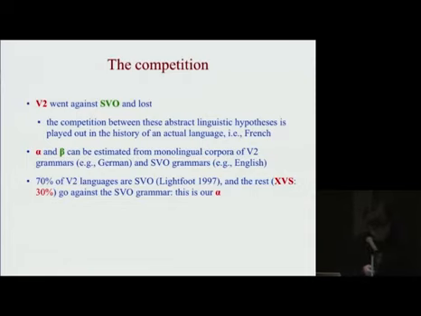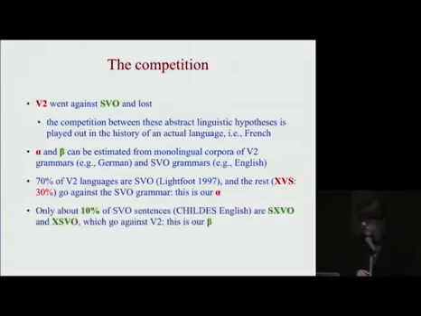Now what's beta? What's the percentage of sentences produced by SVO grammar that are inconsistent with the V2 grammar? That's easy to do. We count English; I counted child English, I counted the Wall Street Journal, not a huge amount of difference. Whenever you have a verb in a non-second position, that's when the V2 grammar fails.